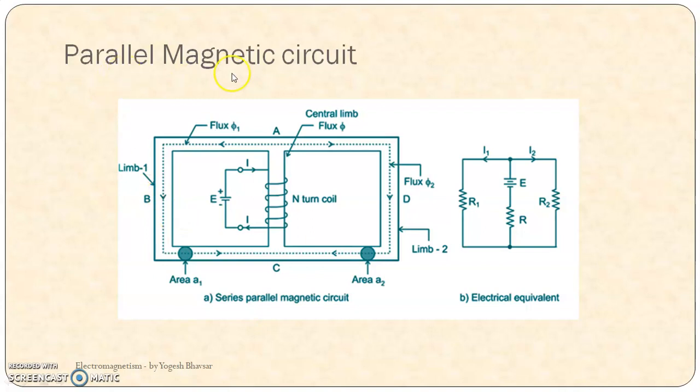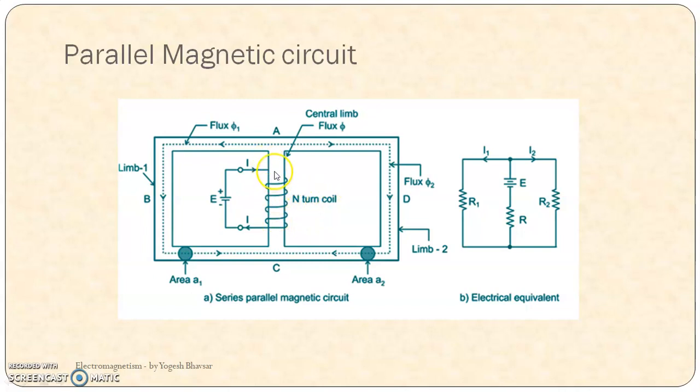And lastly, the parallel magnetic circuit. Now parallel magnetic circuit will have different limbs, and the flux for each limb will be different, just like the parallel electrical circuit. Here what we see in parallel magnetic circuit, on the central limb of this magnetic circuit, the electrical source is connected to this coil having N number of turns.